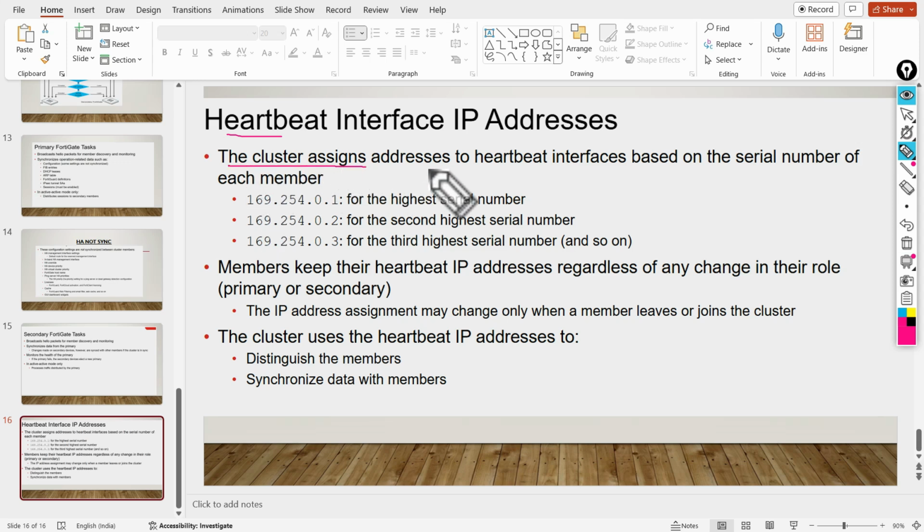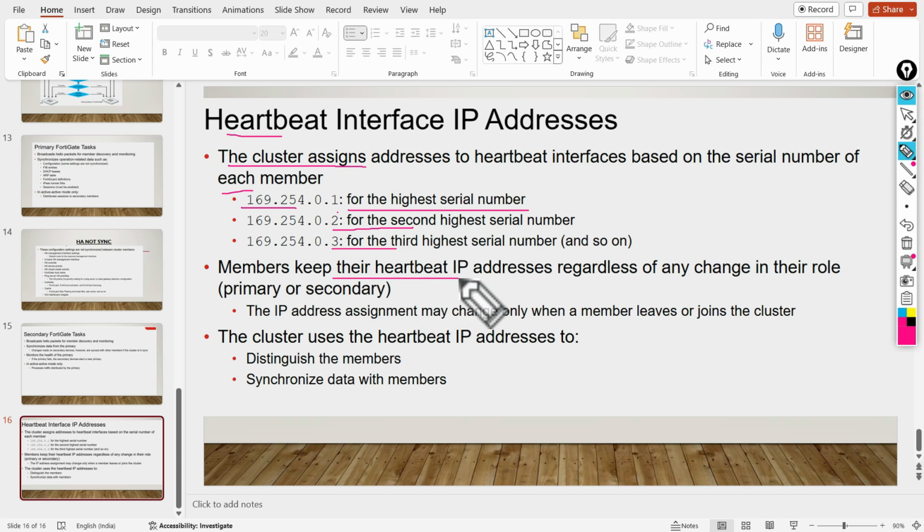The cluster assigns addresses to the heartbeat interface based on the serial number of each member. 169.254.0.1 for the highest serial number, .2 for the second highest, .3 for the third highest, and so on. So the IP will start from 169.254, and these are non-routable IP addresses.